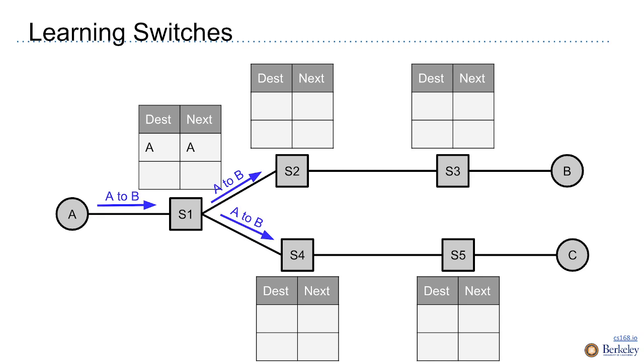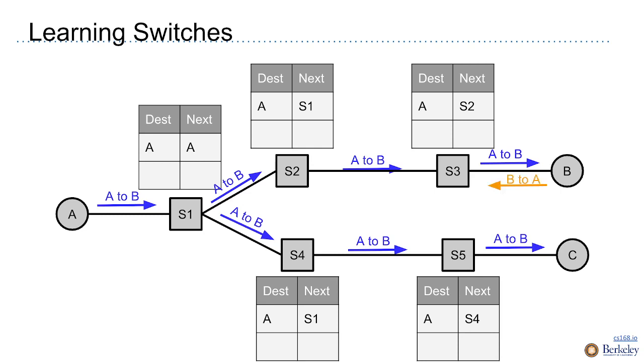So by sending this out on all the ports except the one it came from, as this packet propagates, the other switches on the route will also learn the route back to A. This is just a regular data packet, nothing special in it. But as it goes forward, it leaves this trail by which the switches learn how to reach A.